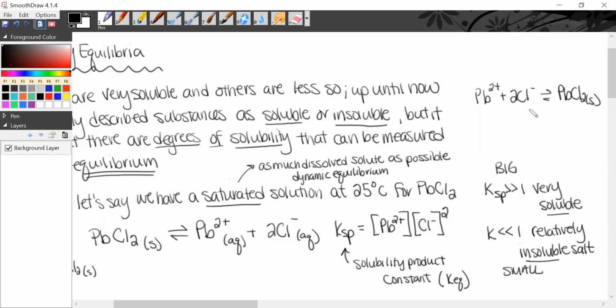Whatever the K is for this reaction, I would do 1 over it for its reverse reaction. And so if for whatever reason you get a value for this, you're going to get a very big K value. You have to look at it and say, okay, if you have a big K value lying to the right, that's where it's a solid.